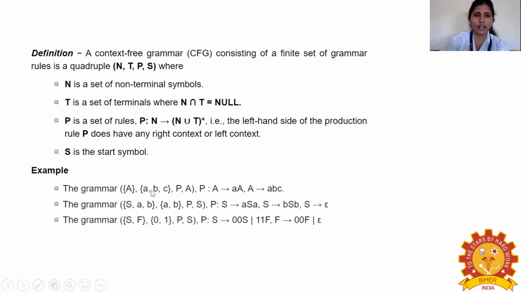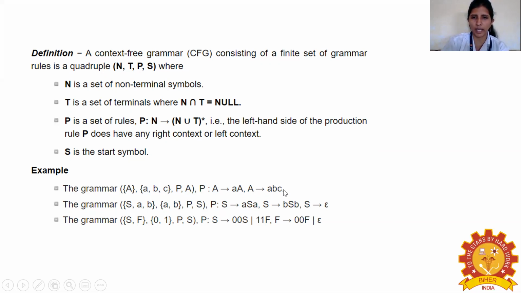Here in the set of terminals we will only have these small alphabets, and for non-terminal symbols we can have capital letters. So the production rule will be like from capital A to a, small a, capital A.